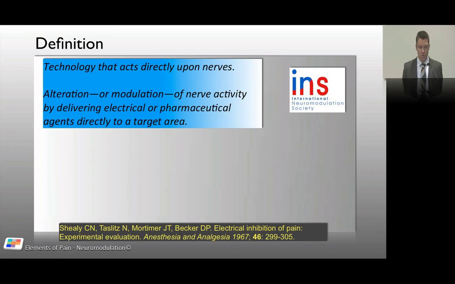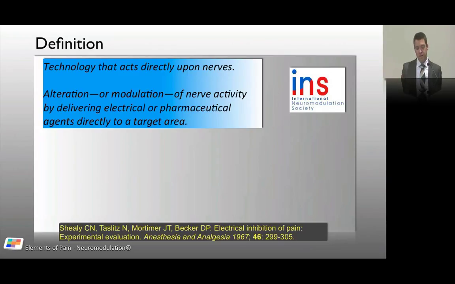But let's ask ourselves, what is the definition of neuromodulation? Because most people really think of neuromodulation as spinal cord stimulation, and it is, but there is more to neuromodulation than just spinal cord stimulators or stimulation. This is the INS, the International Neuromodulation Society definition of neuromodulation: technology that acts upon nerves.